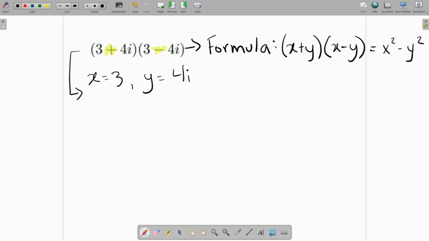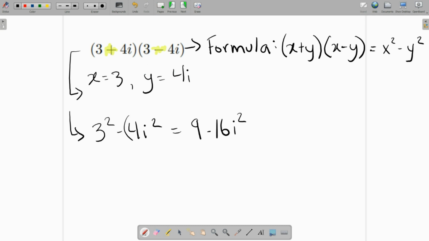So if we use this formula, we would get 3 squared minus (4i) squared, which is equal to 9 minus 16i squared.